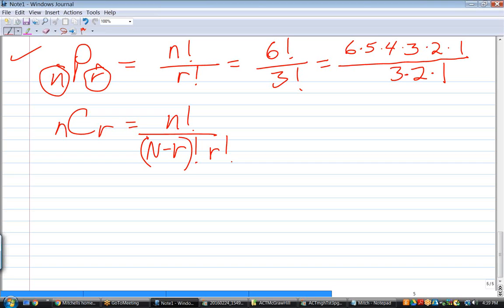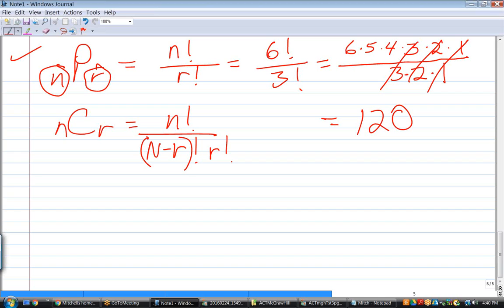What's the result of that math? Since I can cancel all of those. 120. There's 120 ways that you can arrange 3 letters from the 6 given.